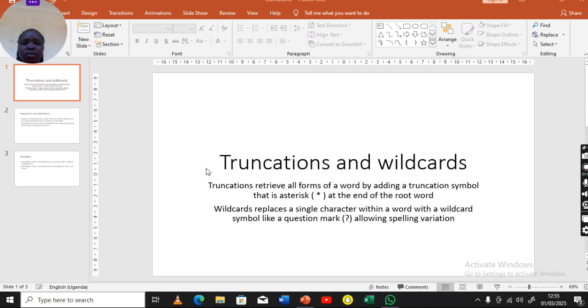The key points to note in the search strategy: you have to know the symbols that you're supposed to put in each of them. If it's truncations, you put the asterisk, and if it's wildcards, you put the question mark, like that.